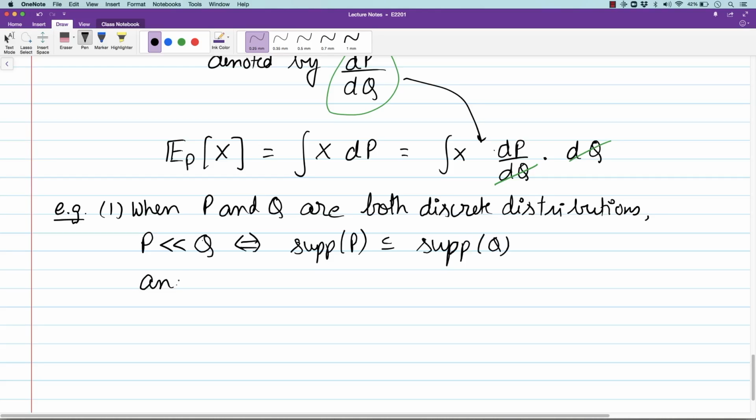And if P is absolutely continuous with respect to Q, its Radon-Nikodym derivative, which exists by the Radon-Nikodym theorem, is exactly the ratio of their PMFs. So this dP/dQ is a function of x, it's the ratio of PMFs.